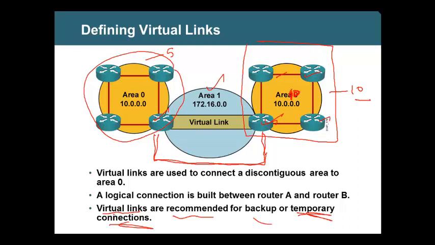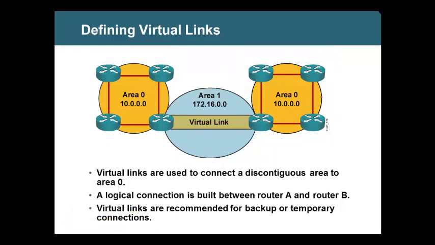Virtual link is not a physical connection, it's a logical connection. So we are going to form a logical connection so that this area 10 will be connected directly to area 0. We call this a virtual link. Virtual links are used to connect a discontiguous area.